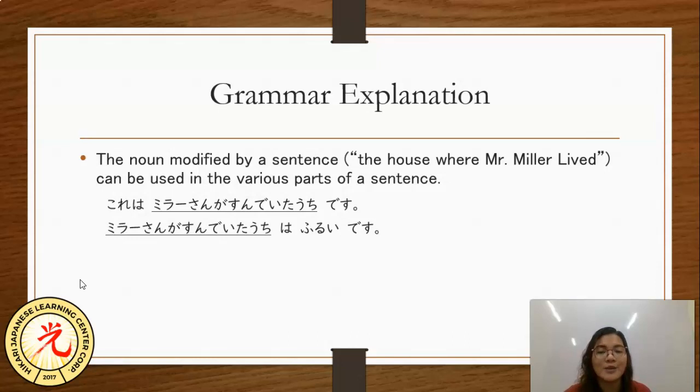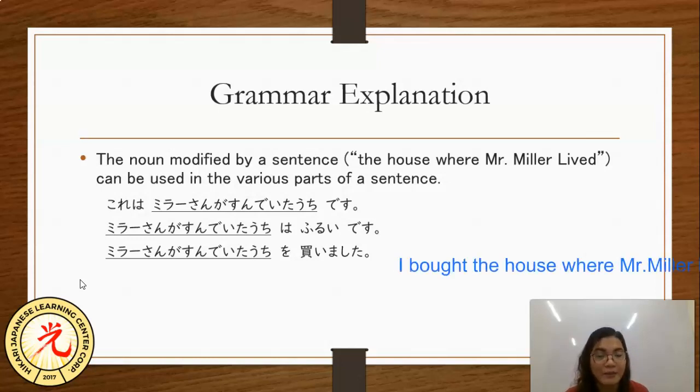Okay, another. You can use it also by saying, Miraa-san ga sunde ita uchi o kaimashita. I bought the house where Mr. Miller lived.